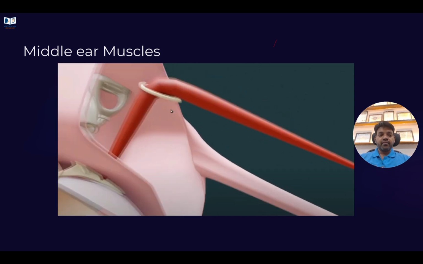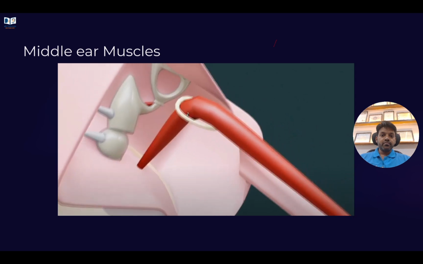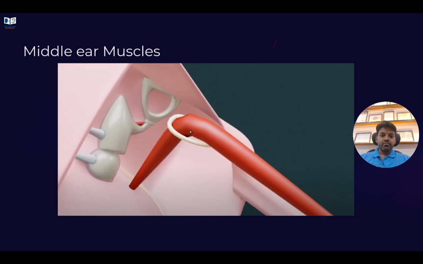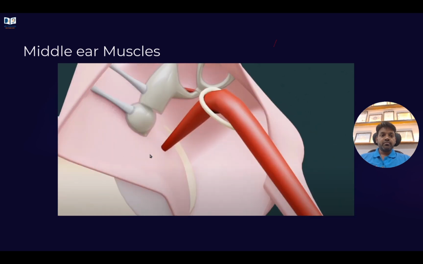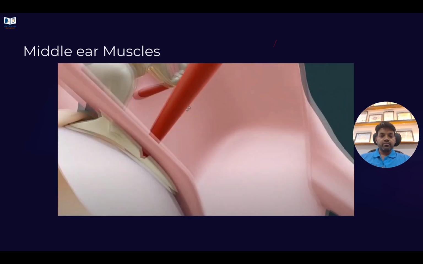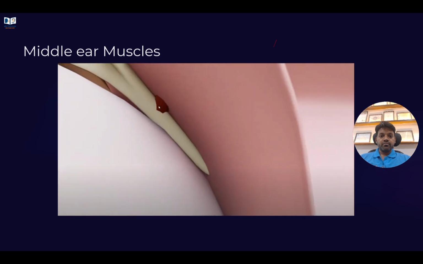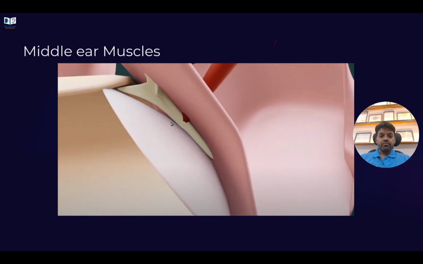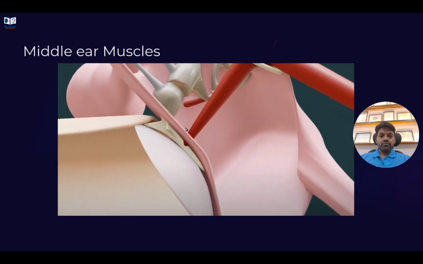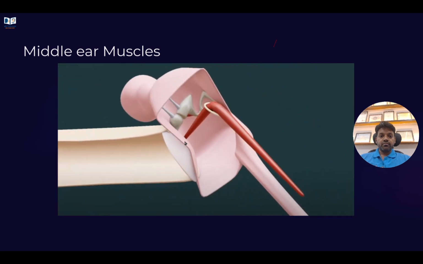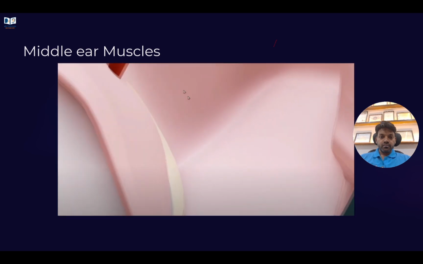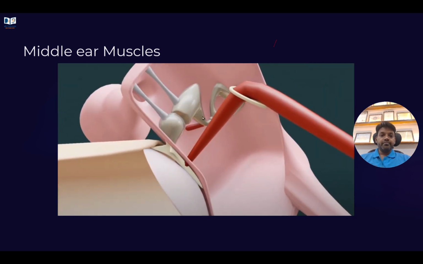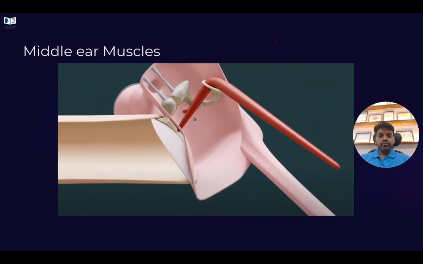Here there is a hook-like process called the processus cochleariformis, which rotates the tensor tympani tendon, and finally it is attached to the handle, the long process, of the malleus. Now, the function of both of these muscles, by the way: the tensor tympani muscle originates from the first pharyngeal arch, while the stapedius muscle originates from the second pharyngeal arch.